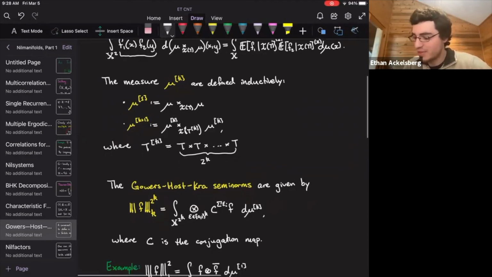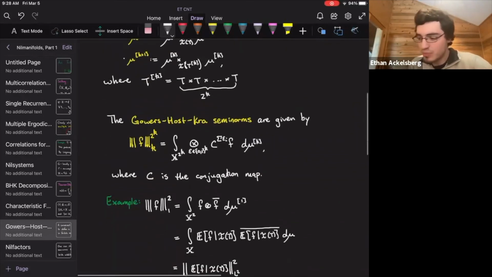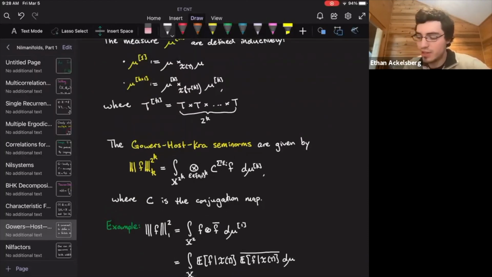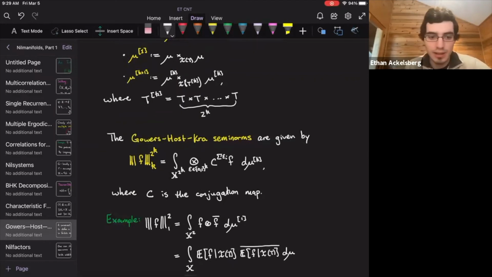So let me just look at the simplest example to get some sense out of this. When k is 1, this expression is we take f tensor product with its conjugate and integrate with respect to mu1. And mu1 was defined as the relatively independent joining with respect to the invariant sigma algebra. So we can replace this integral by an integral over x of some conditional expectations.